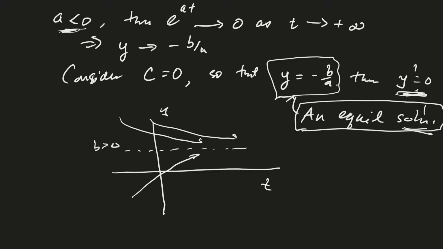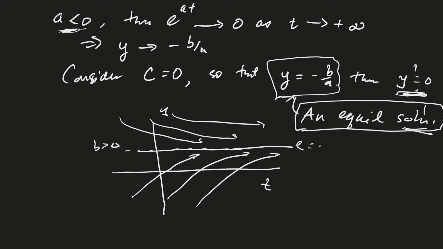This is what different solutions will look like. It depends on where they start. This is the solution where c equals 0, and then for c equals 1, we might be here, and this might be c equals minus 1, and so on.